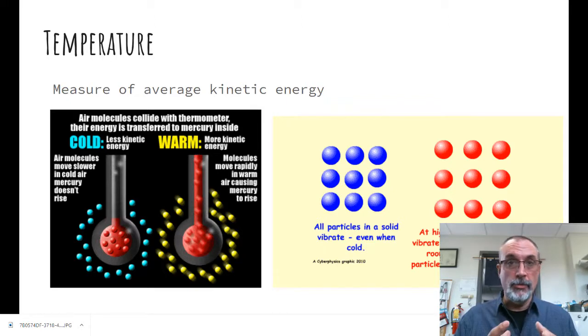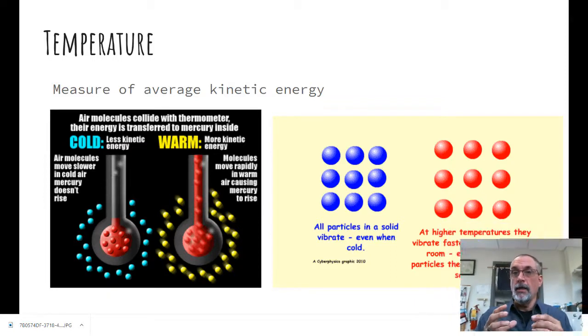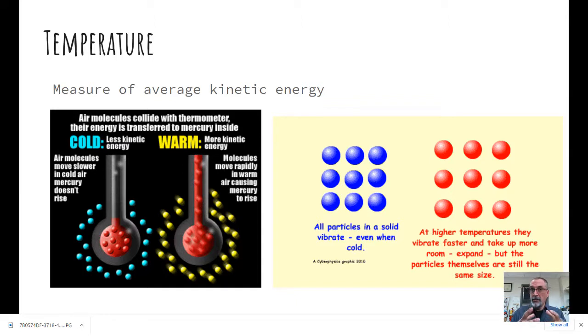Now, if the mercury is cooler, the particles will be closer together because matter generally will expand or contract based on its temperature. If you add energy to that mercury, though, those particles start to vibrate more and more, and they spread out, and so they'll climb up inside the thermometer. And that's sort of how it registers, okay?